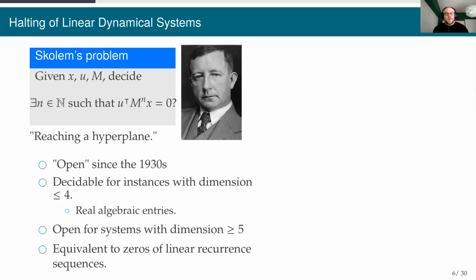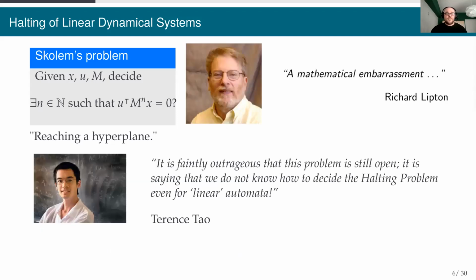Skolem's problem is usually stated as a problem on linear recurrence sequences. You want to know if a linear recurrence sequence hits a 0 or not. It is a frustrating open problem, and prominent researchers describe the situation like so.